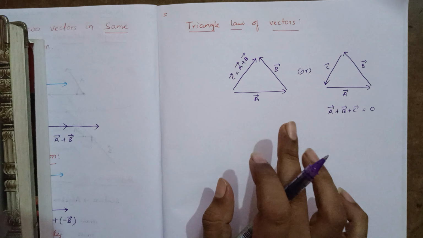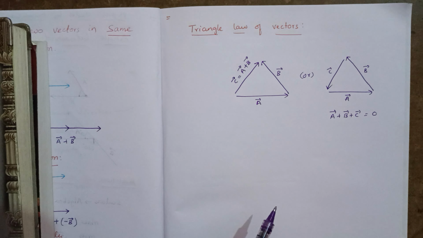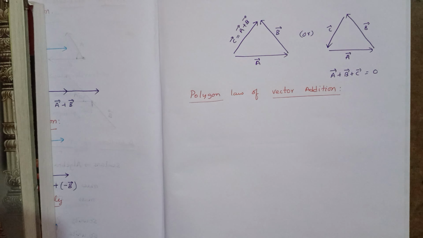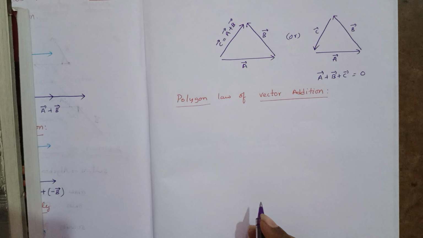If not three sides, if more than three are there, then what will happen? Now it will be taken as a polygon.